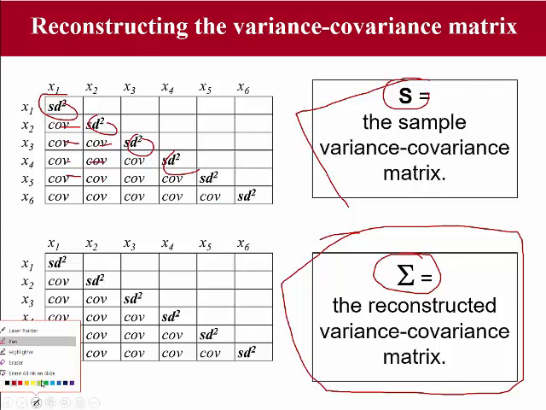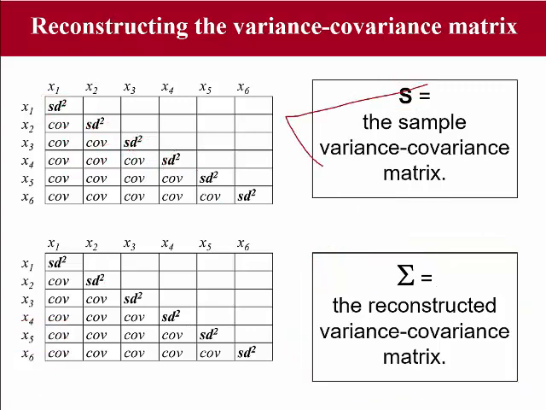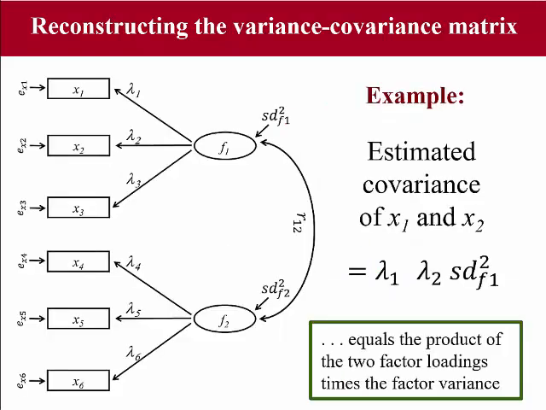And so we'll have our sample variance-covariance matrix and our reconstructed variance-covariance matrix, and again, the process is going to involve identifying what parameter estimates will make this reconstructed matrix, which, backing up to a previous slide, we reconstructed using formulas like this one right here to reproduce the covariances and variances in our matrix based on our parameter estimates.